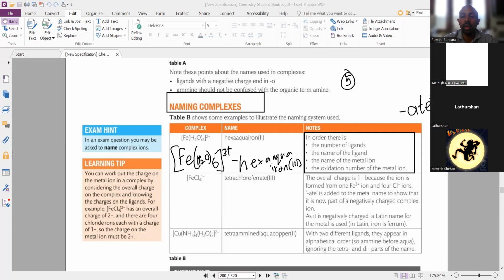For example, look at this: ferrate. Tetrachloroferrate. Right.